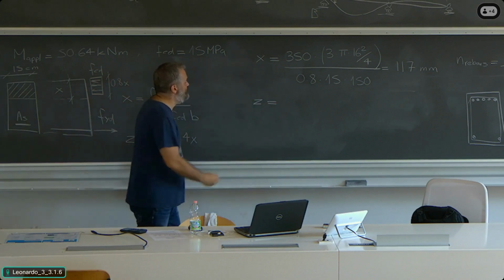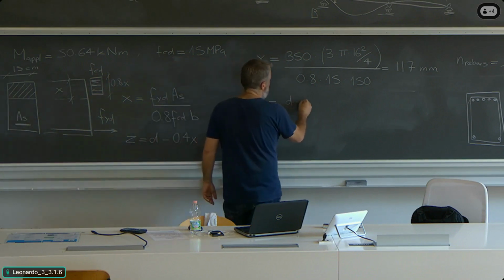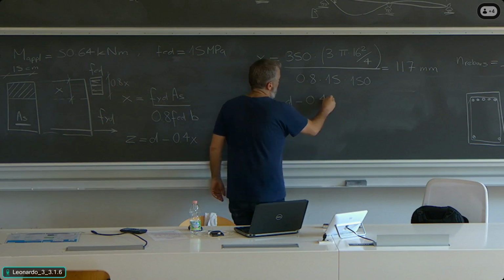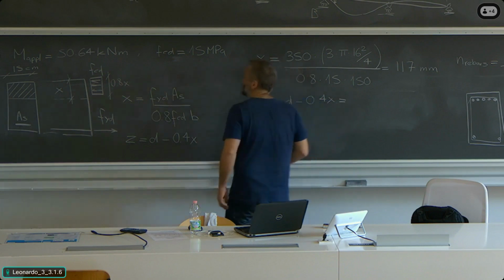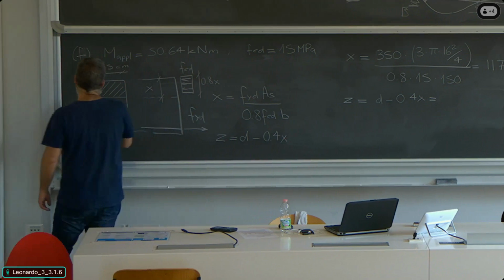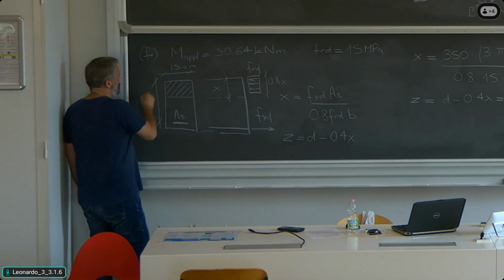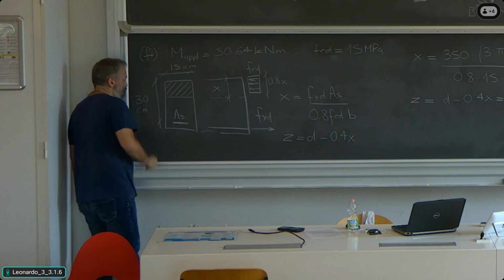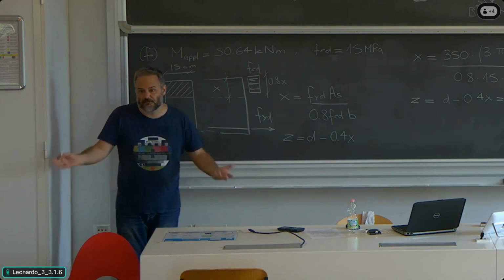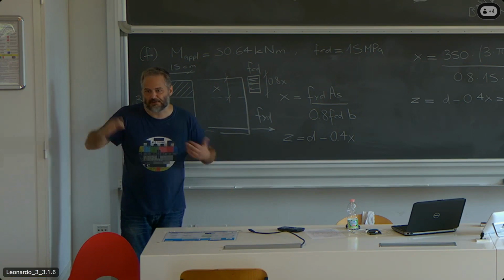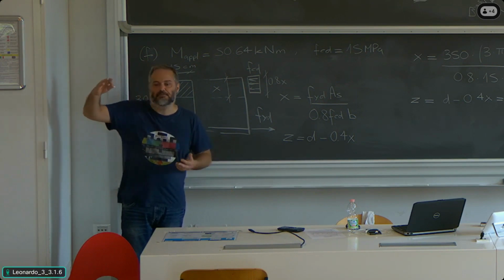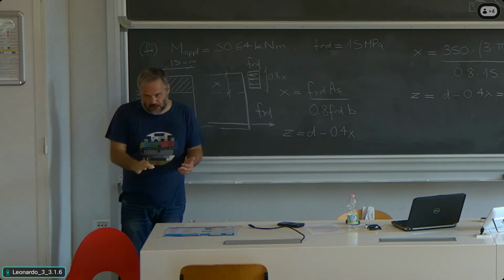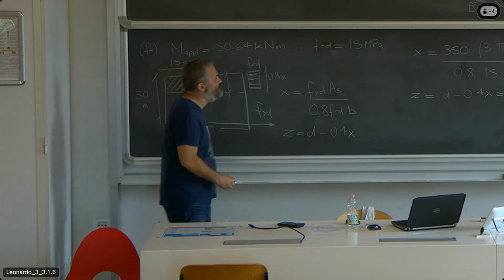Internal lever arm is d minus 0.4x. In our case, in the case of the positive bending section, this was 30 centimeters. Maybe different from the other section, d prime at the top may be different from d at the bottom, but in our case it was the same, 30.